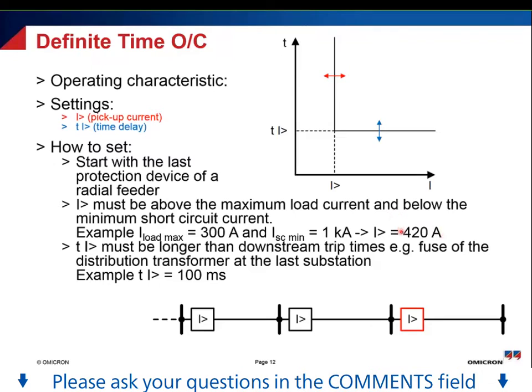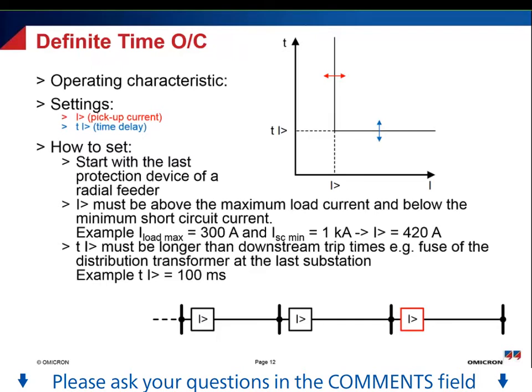And what we then need is our setting for the second value, for the time delay. For the time delay, we say, well, the setting must be longer than downstream trip times. So for example, if I have a fuse or a protection device for the distribution transformer at this bus bar here, then I need to take this into account. In this case, I would, for example, say that the trip time of the protection device here is 100 milliseconds.